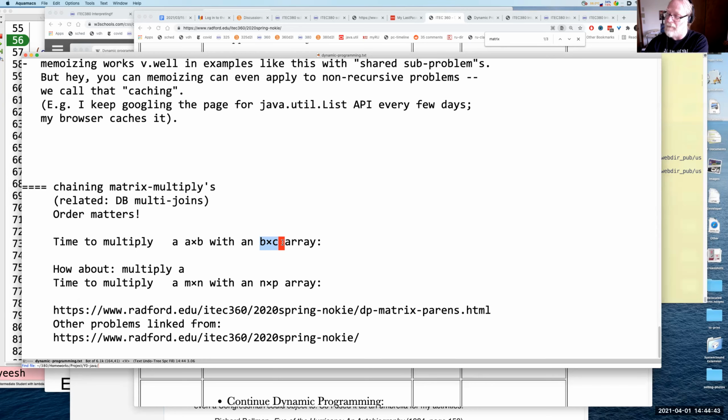So if I have a matrix that is A by B, maybe it's 3 across and 2 down or something like that, and I have different numbers in here. I want to multiply this by another matrix. What is the shape of the other matrix?